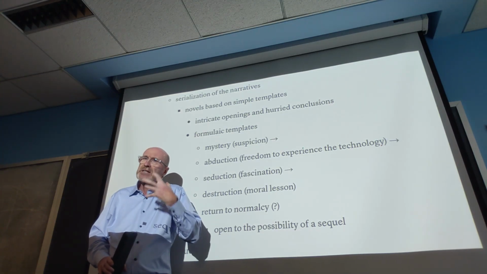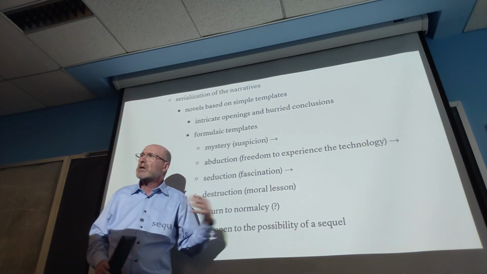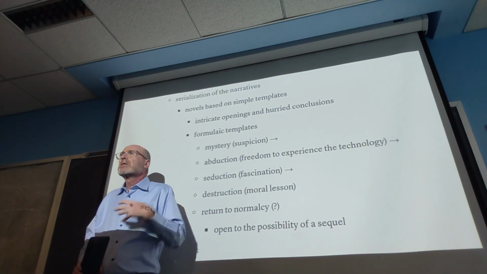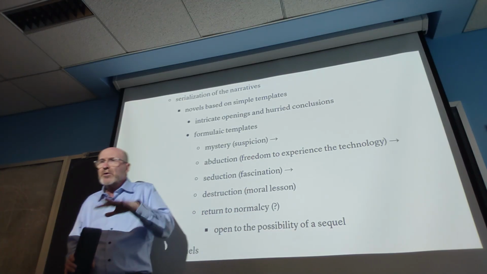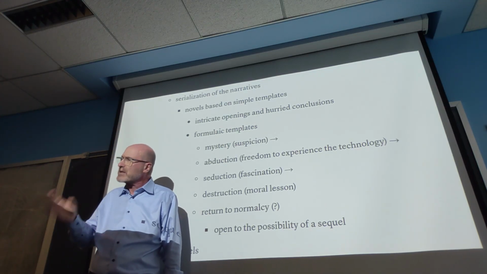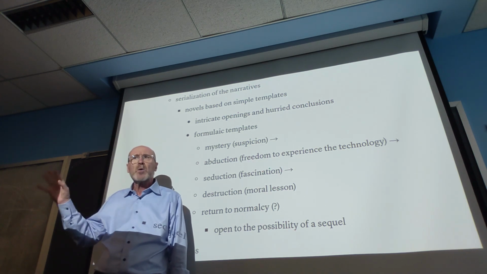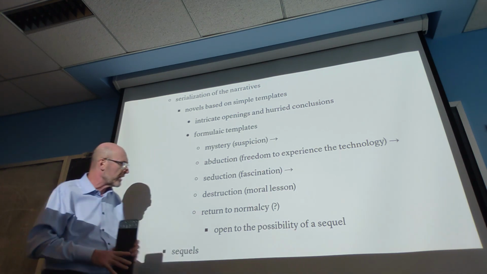So the reader understands that this distraction is justified, or the moral lesson can be explicit. That is to say, a character or the narrator will stop and say, it was good. This was a good decision. It's good that this technology was destroyed because humanity wasn't ready. Usually that's the moral lesson.